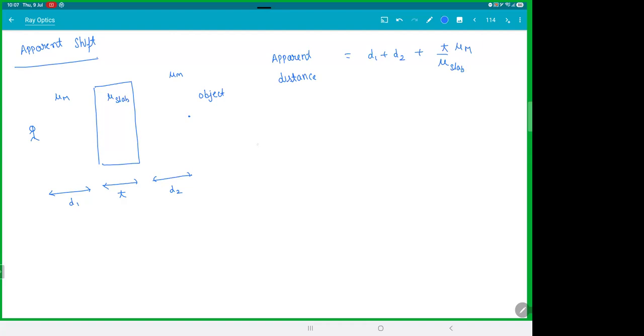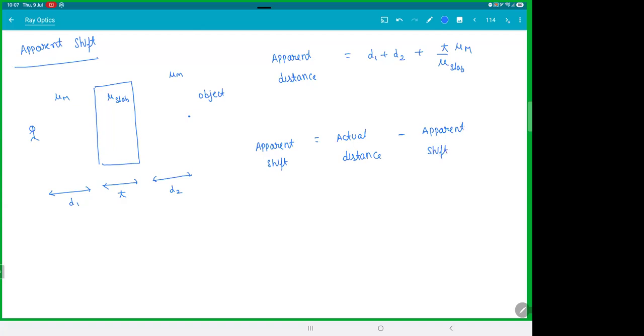What was the actual distance? So the apparent shift is the actual distance minus apparent distance. Where it is exactly and where do you think it is there?